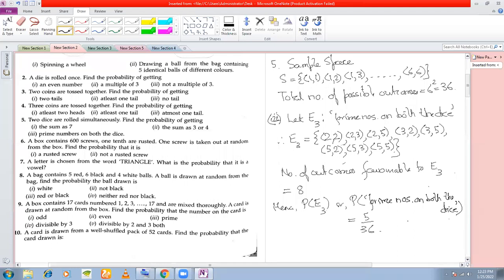Remember to give the quote sign, okay? So this is 8 by 36. You can cancel this with 4, which is 2 by 9. 2 by 9 should be your answer.